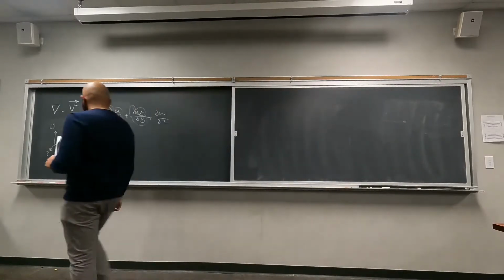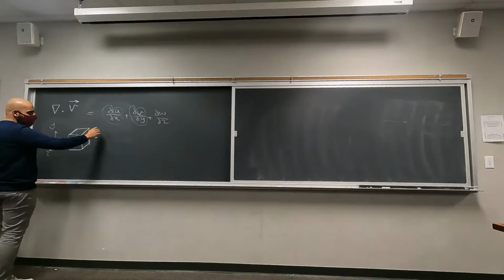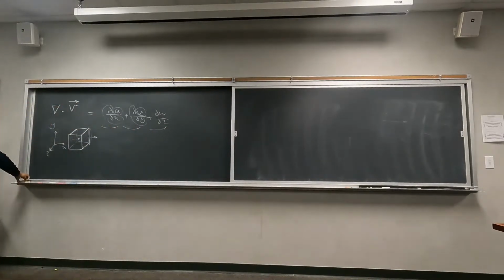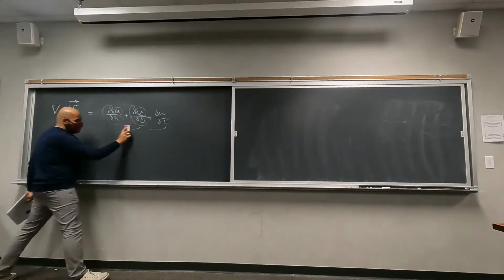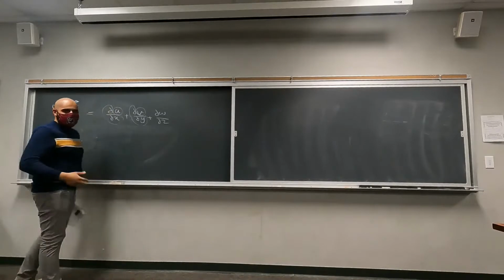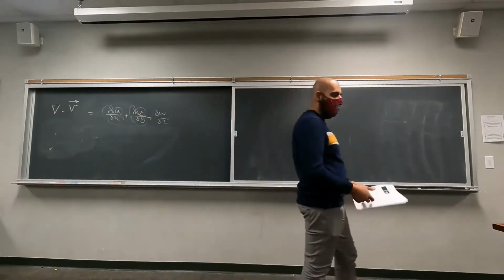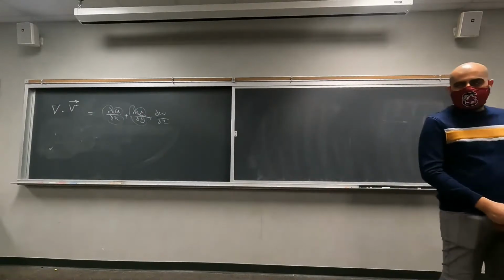So, you're adding all of these changes in all directions together. So the divergence of velocity represents the time rate of change of volume, and we can mathematically prove this, and the proof is in your book.